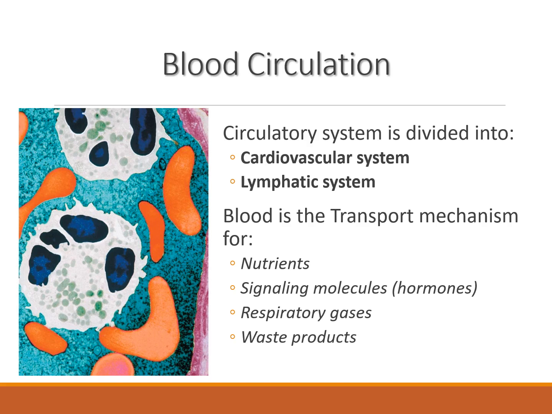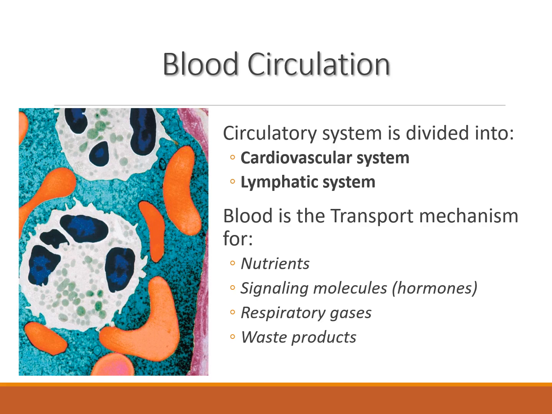So signaling molecules such as hormones and other molecules that we haven't talked about, but hormones we've talked quite a bit about. The big thing most people associate with blood are the respiratory gases. So they're going to bring oxygen around the body, right? But we're also going to get rid of some waste.